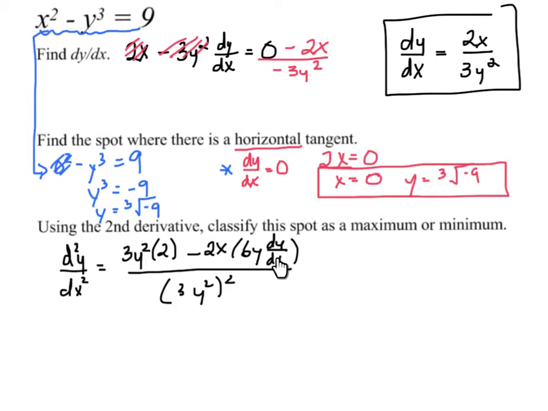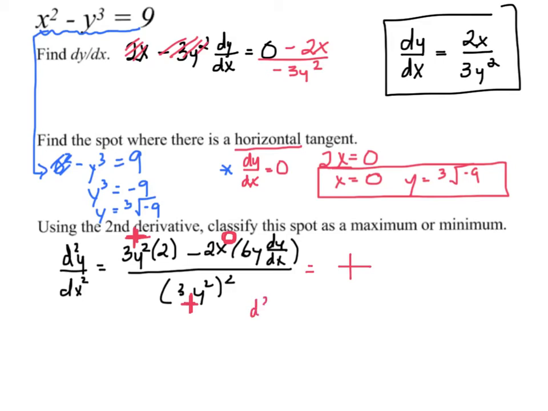So if I do that, 3 times a negative squared times 2, this whole thing, I'm just going to put a plus here, this whole thing is positive. Now over here, 2 times 0, 6 times y times 0, this entire thing is 0. And the denominator, 3 times a negative squared, and then squared again, this is absolutely positive. So in my second derivative, I have a positive minus 0 divided by a positive, which means I get a positive.